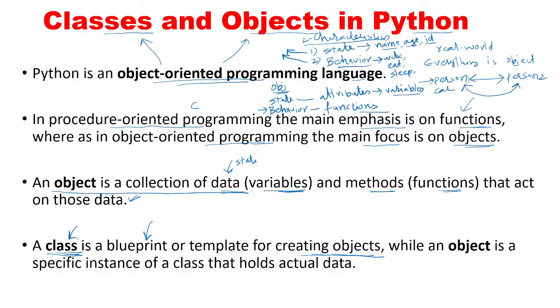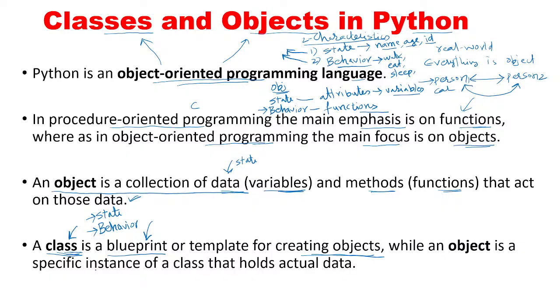This class defines for every object what kind of state and behavior it should have. So the class tells what the state and behavior of the objects created from this class are. That's why we call it a blueprint.